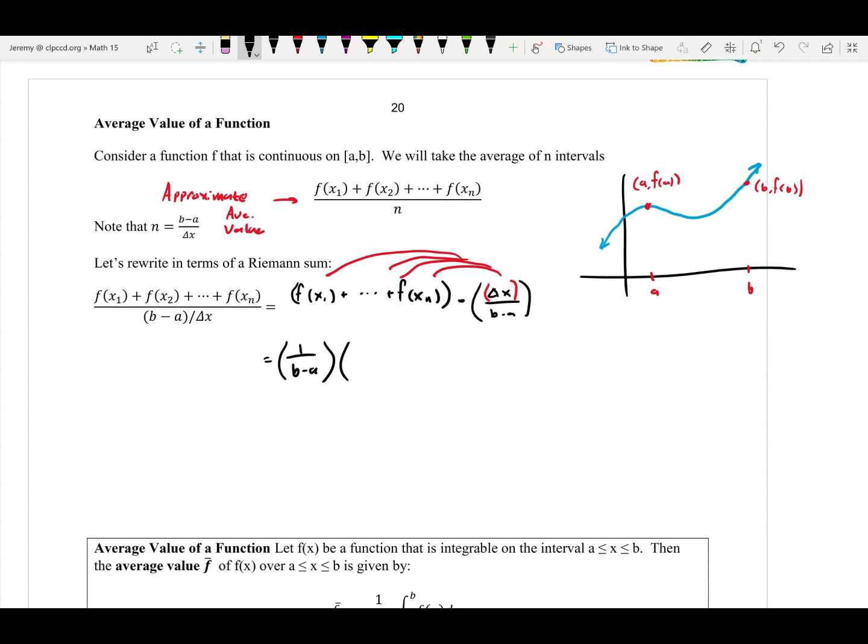And then distributing the delta x on the inside, we'll get f of x sub 1 times delta x plus f of x sub 2 times delta x, all the way up to f of x sub n times delta x.